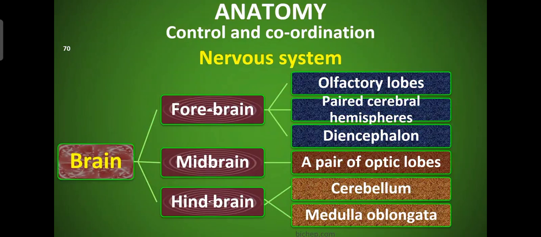Then comes the midbrain, which consists of a pair of optic lobes. Optic means it is for vision. In the forebrain, olfactory is for the smell sensation. The hindbrain has the cerebellum and medulla oblongata. So these are the parts of forebrain, midbrain and hindbrain.